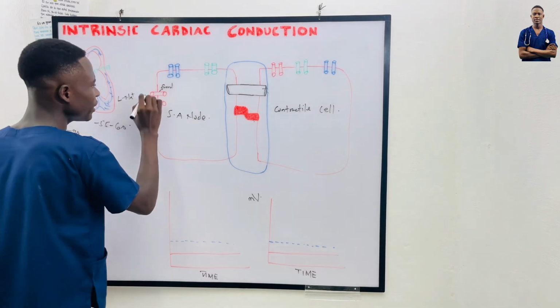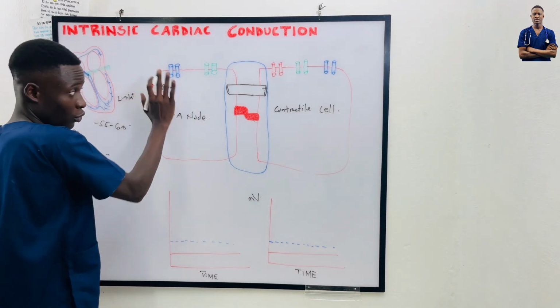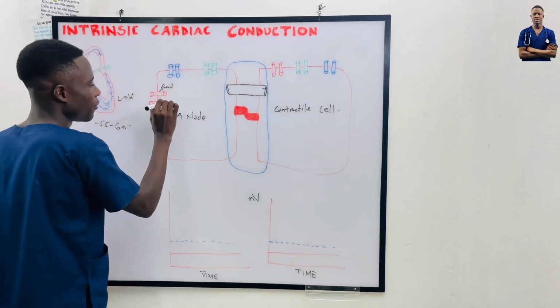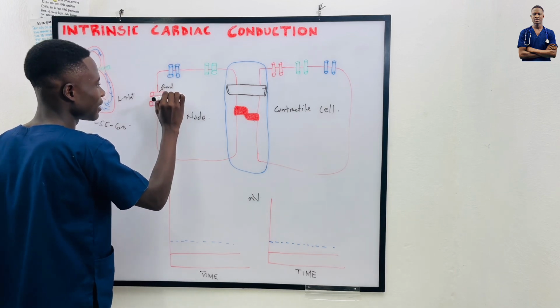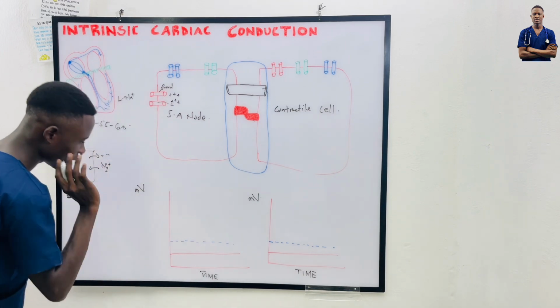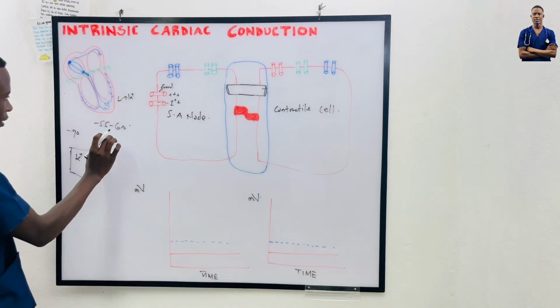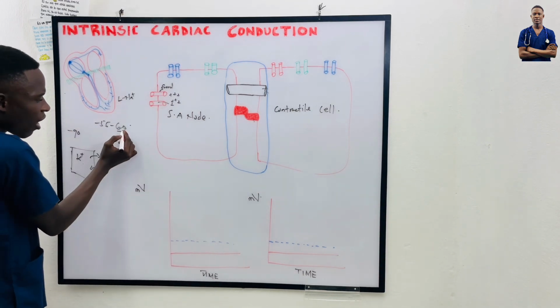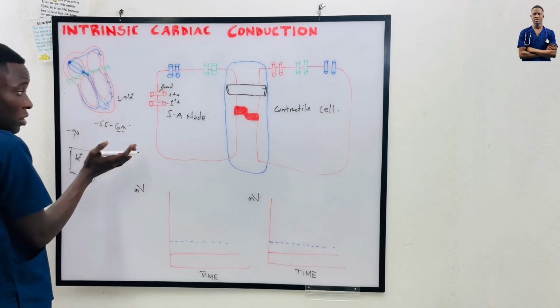Now, when these channels are open or leaking, we have positive ions, the sodium ions, entering the cell. Let's take our resting membrane potential to be negative 60, because it can vary.